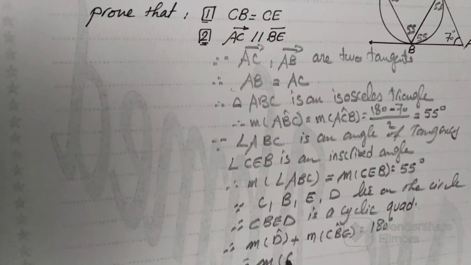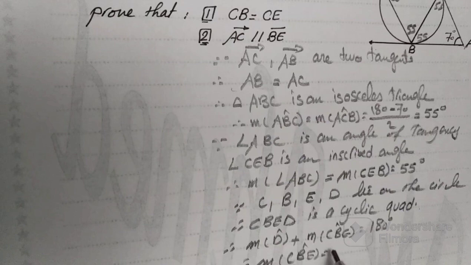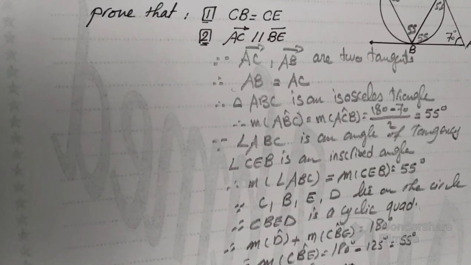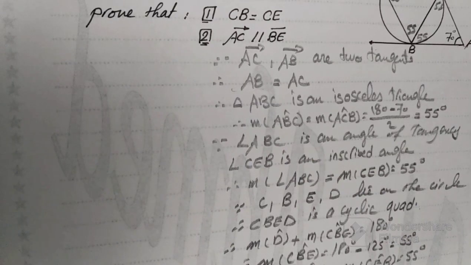Therefore, the measure of angle CBE equals 180 degrees minus 125 degrees equals 55 degrees. Since the measure of angle CBE equals the measure of angle CEB equals 55 degrees, therefore CB equals CE.